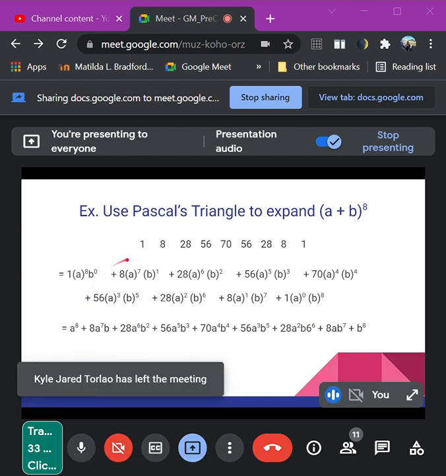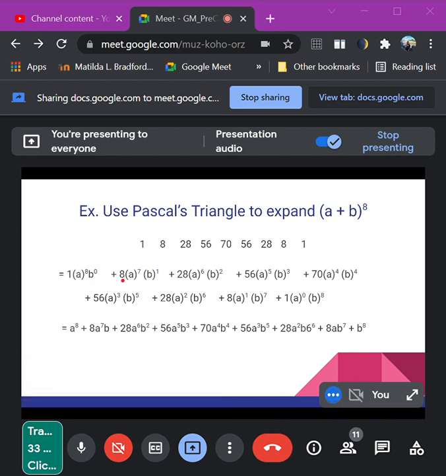Now, for our second term kanisha, so what you're going to do is multiply lang gihapon. So since wala man tay coefficient or wala man tay lang number, so copy lang nato ang 8. So 8 and then kani simplify A raised to the power of 7 and then B. And then next one kanina sad sa third term. So you have there 28 and then A raised to the power of 6, B raised to the power of 2.